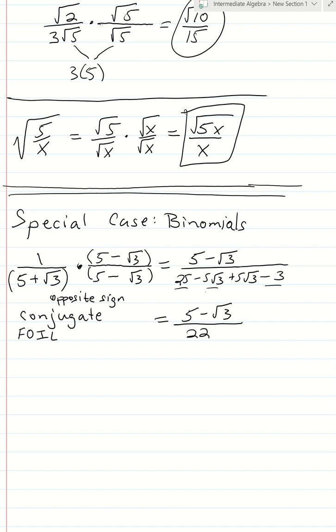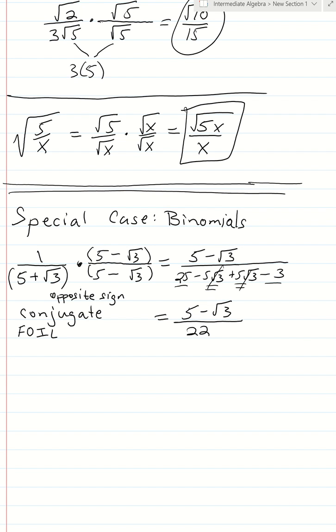And the negative 5 square root of 3 and the positive 5 square root of 3 will in fact cancel each other out to 0. And so what that would leave us with now is a rationalized denominator. Okay, so here this was a special case because we were dividing by a binomial, and that binomial had a radical in it.